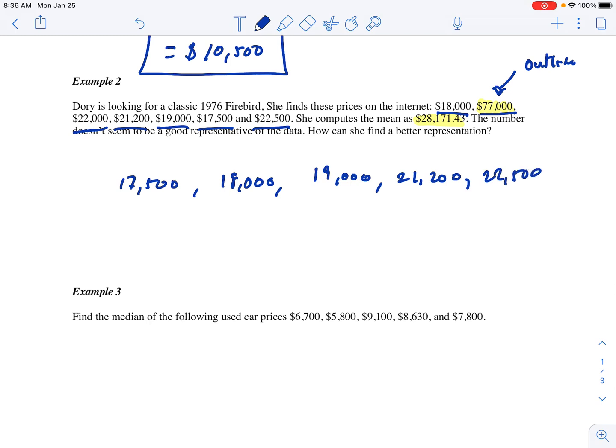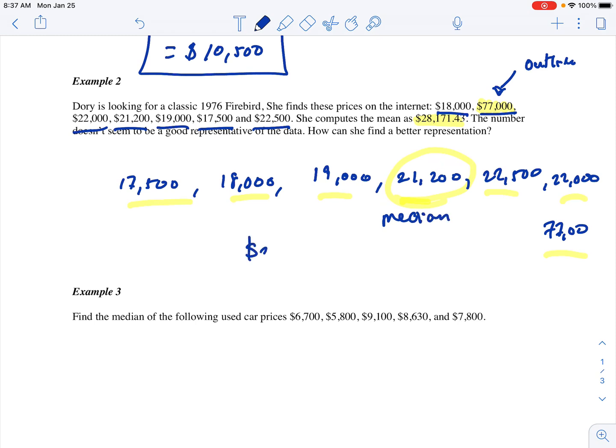The next one would be 22,000. And the last one is 77,000. So we're taking the median. We want the one that is in the middle. Okay, so we've got 1, 2, 3, 4, 5, 6, 7. And if you take a look, the one that is in the direct middle is 21,200. Okay, that would be our median right here.